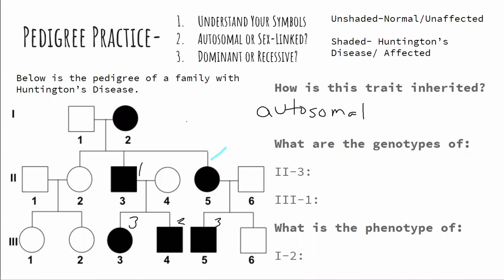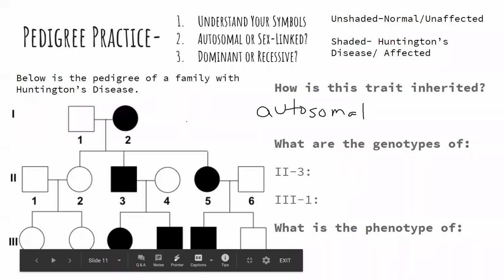The second step we have to figure out is whether the trait is dominant or recessive. So remember, if it's dominant, it never skips a generation. If it's recessive, it can skip a generation. So, do we have at least one affected person in each generation, or did it skip a generation? Right, we have at least one affected person in each generation. Remember, generations are denoted by each line.